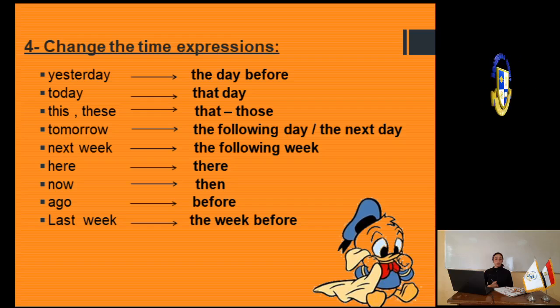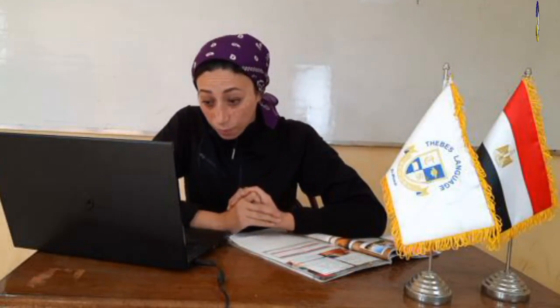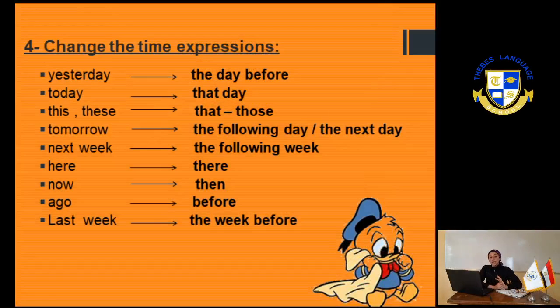Here we have some expressions or keywords that you are not going to use as they are, moving them exactly from direct into indirect. No, we are going to make some changes on them. What are they? Let's start. Yesterday, it's going to be the day before. Today, that day. This or these, that or those.